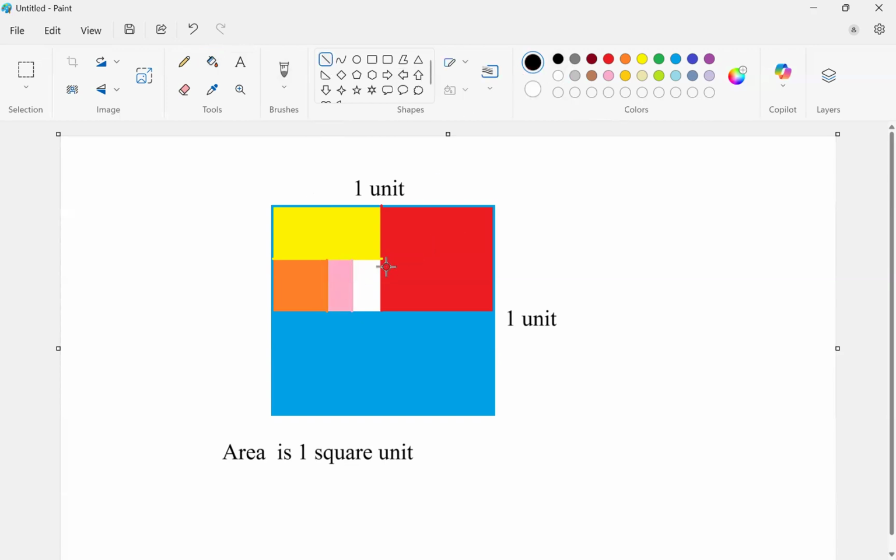Now, at a certain point, I'll stop using different colors, but at a certain point, all of these half cuts get so small that it's not going to look real nice on my computer. But I think we get the point.